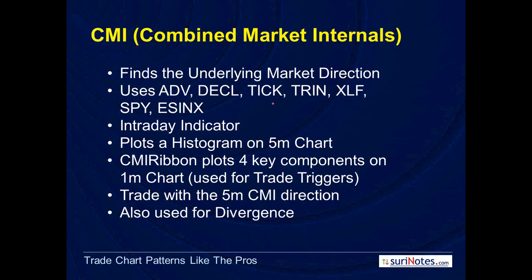A lot of people use market breadth indicators, something like tick and trend, or financials, or advancers and decliners. But when you use multiple of these breadth indicators, you're using different charts to see whether each is making higher highs or higher lows to detect the trend.